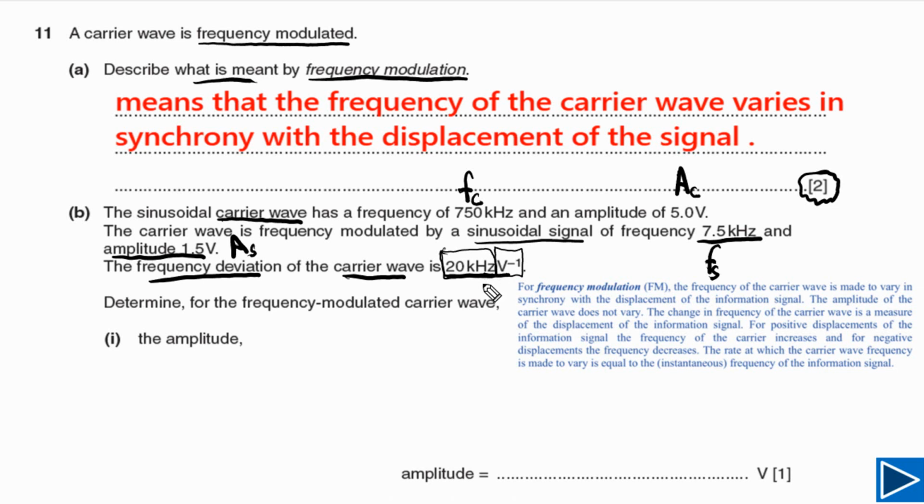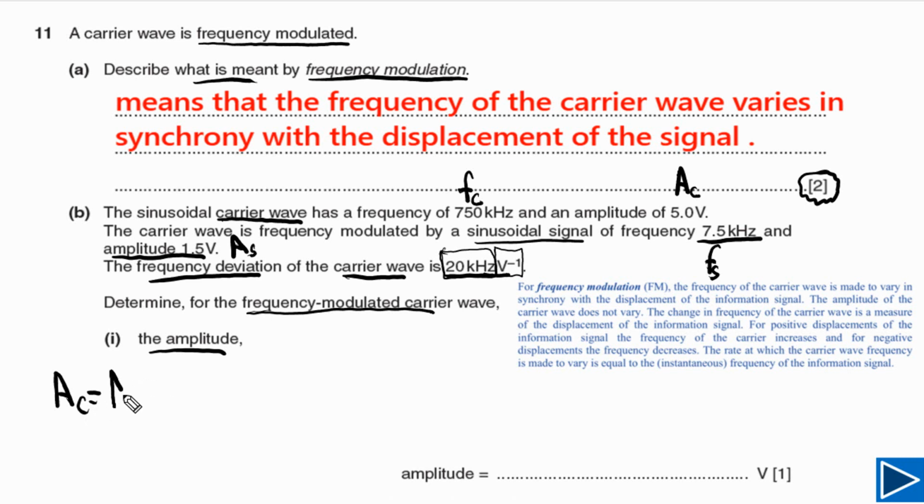If the amplitude is positive, the frequency of the carrier wave will increase by 20 kilohertz per volt, and if the amplitude is negative, the frequency will decrease by 20 kilohertz per volt.